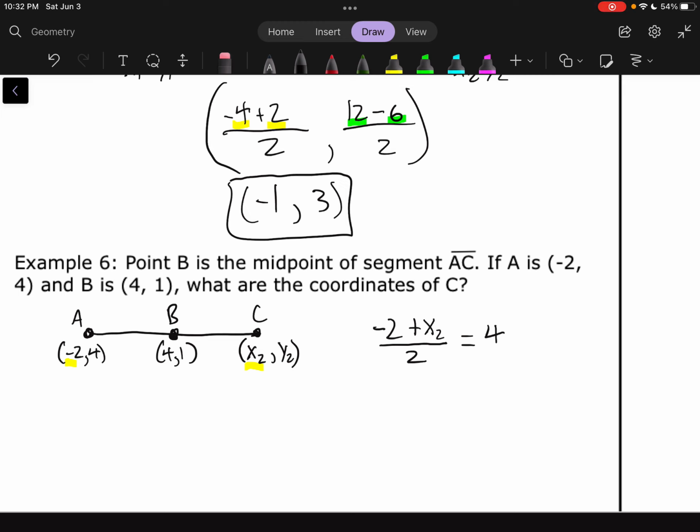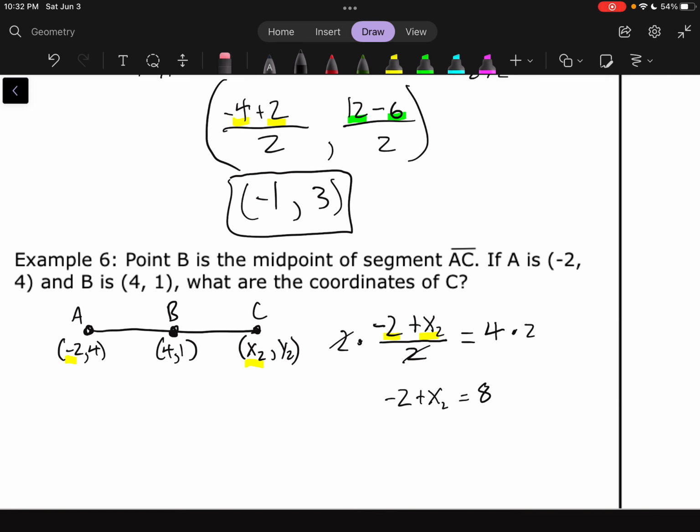Right, because, of course, like we said, this is the formula, right? x1 plus x2 divided by 2. Now, to get rid of that 2 on the bottom, what we should do is multiply the other side by 2. Right, if we multiply this side by 2, multiply this side by 2, we cancel out the 2's, and we would get -2 plus x2 equals 8.